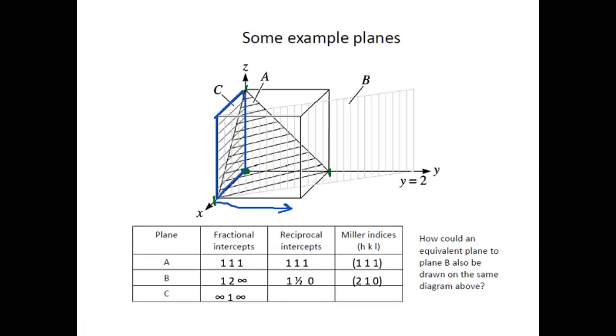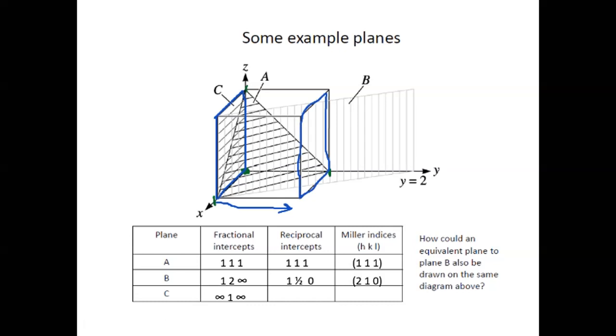If we shifted 1 unit off the origin, it would be right here, and the only axis it would cross would be the y-axis.